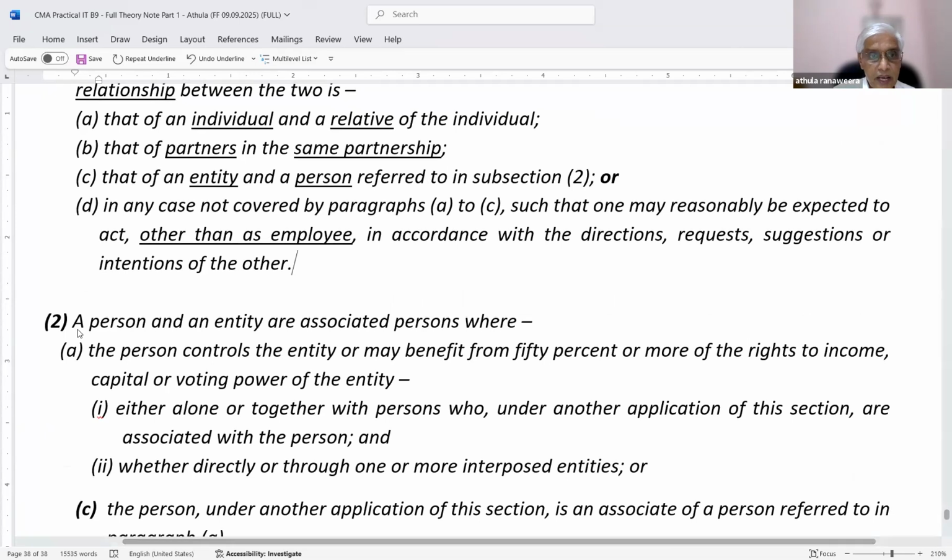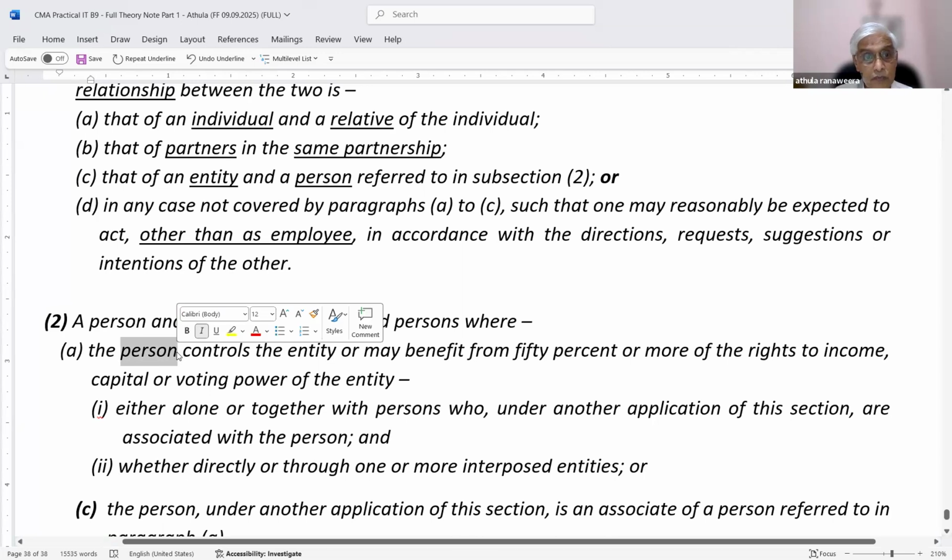A person and an entity are associated persons where the person controls the entity or may benefit from 50% or more of the right of income, capital, or voting power. Now here the person controls. The person includes all four categories.